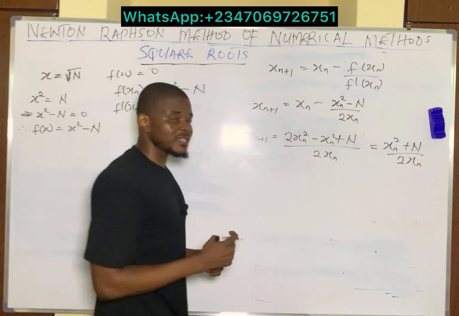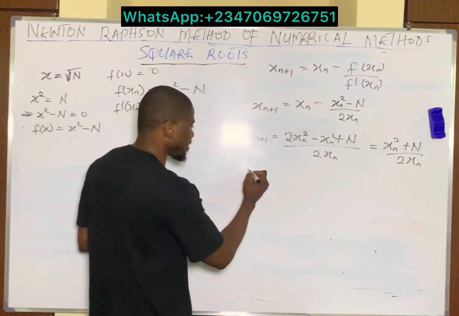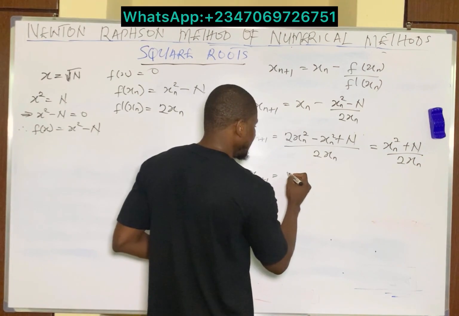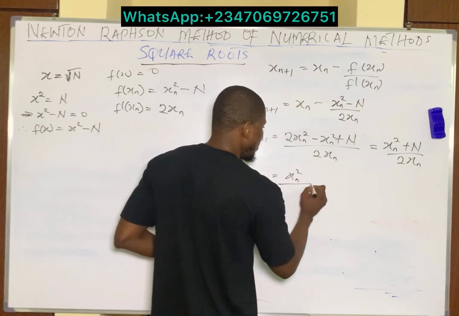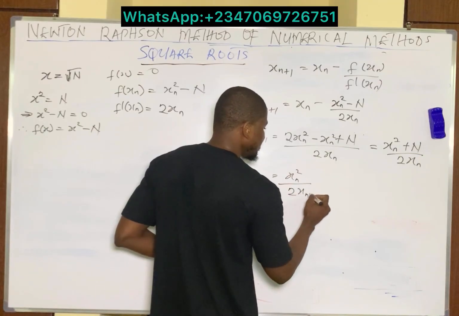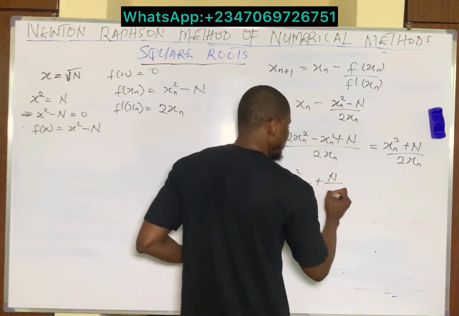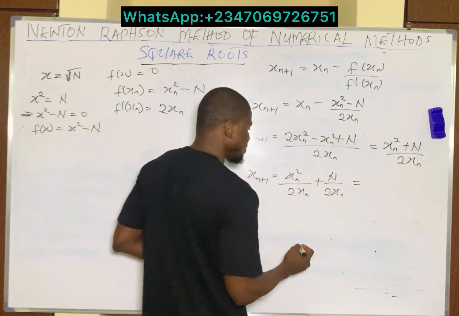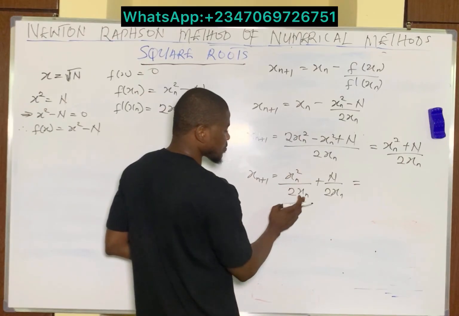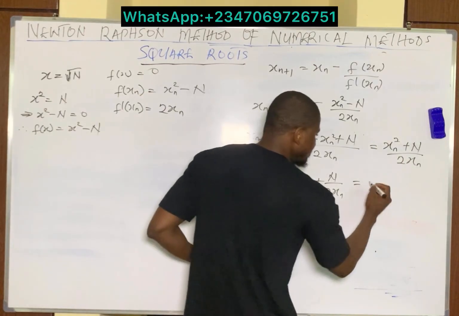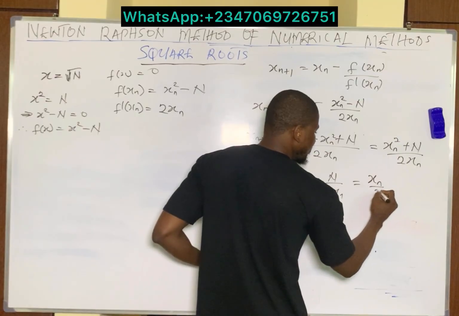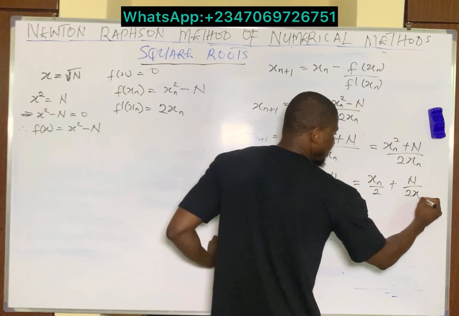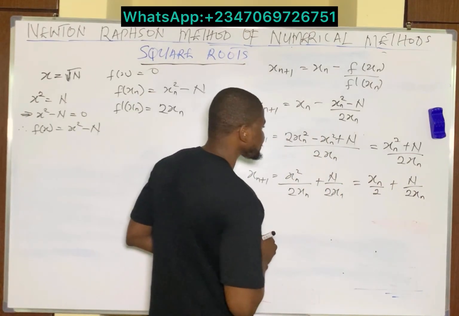So you can rearrange that equation and you're going to obtain x n plus 1 to be equal to x n squared all over 2x n plus n all over 2x n. So this can also give us, of course, x n squared goes into x n, I will simply have x n all over 2 plus n all over 2x n.